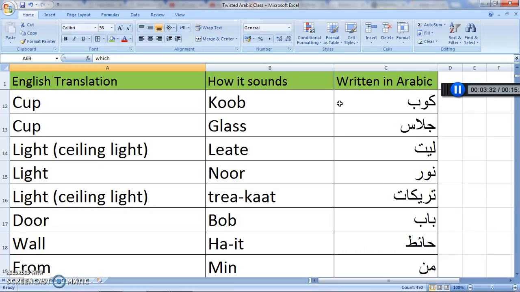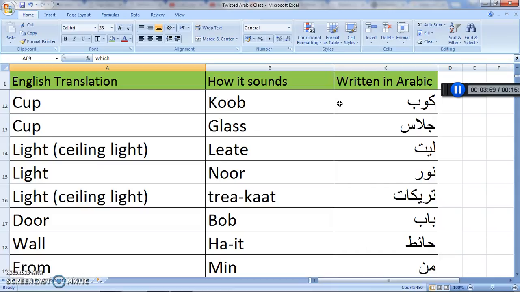Kub chai, kub gahwa, kub is cup. So as soon as you say kub and you say something else, people know, okay, it's a glass of something. So context. So if you say kub Pepsi, kub mai, kub chai, kub sukar, sukar being sugar, it helps.